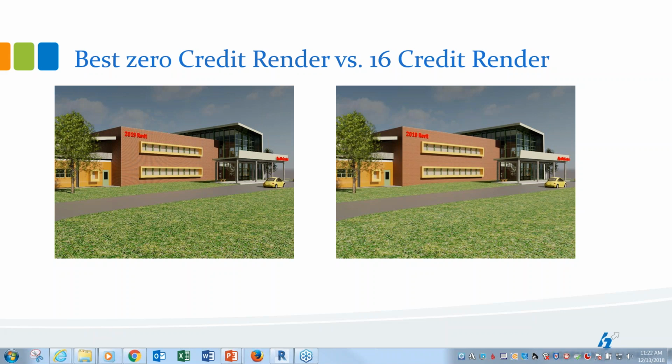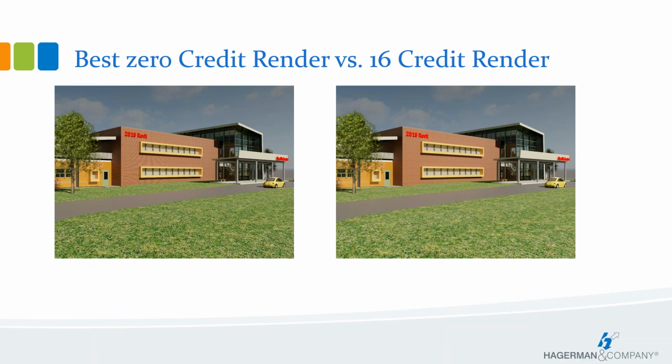If you are doing just a digital presentation, you might be able to get away with a free rendering. How cool is that? So if you're having trouble, the one on the left was 16 credits, and the one on the right was 0. So, I mean, yeah, you might be able to tell a little bit.